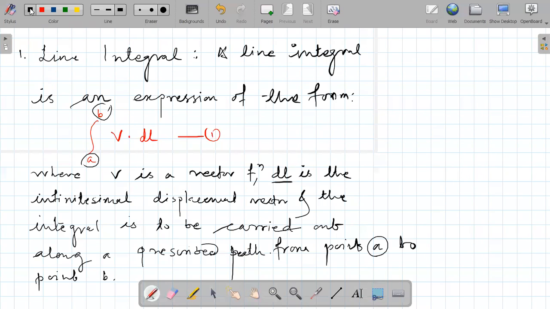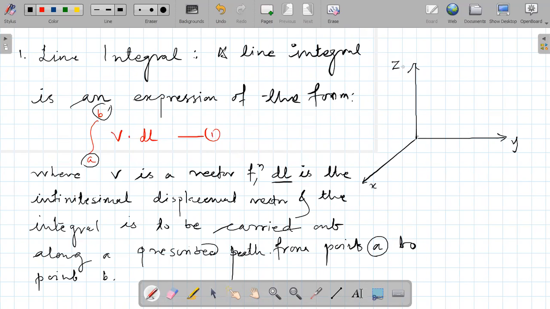Therefore, I will draw the x-axis, y-axis, and z-axis.